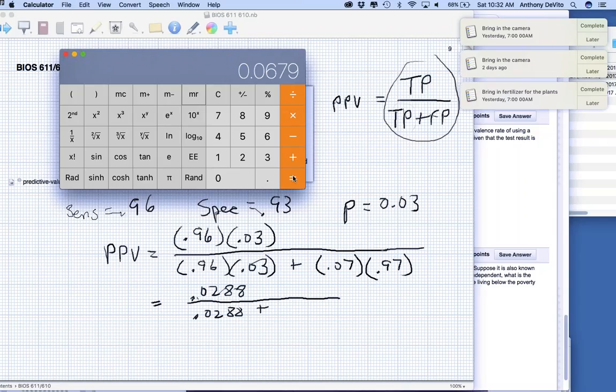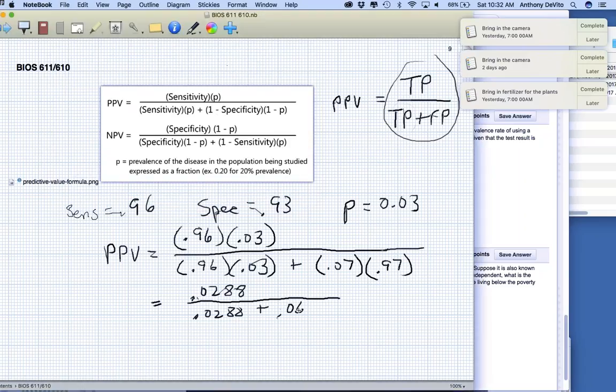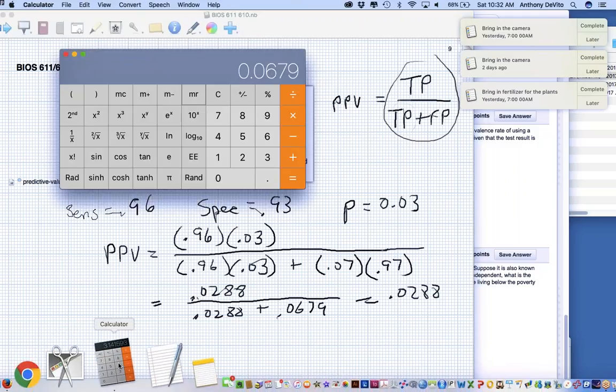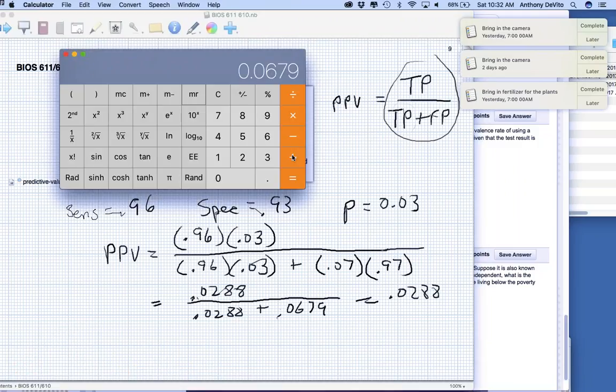Okay, and that's equal to 0.0679. All right, so that's going to be equal to 0.0288. Bring up my calculator again. And I'm going to add 0.0967.